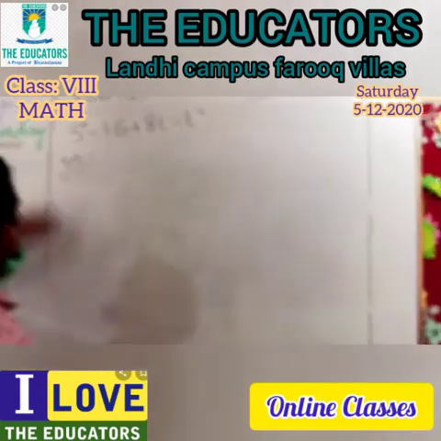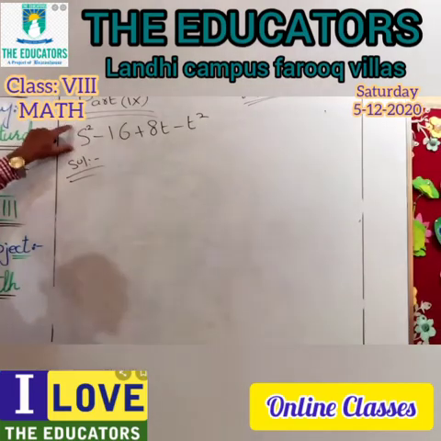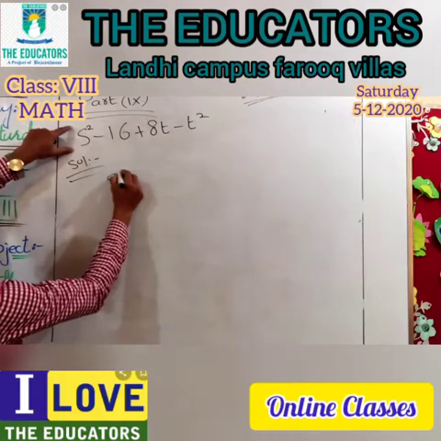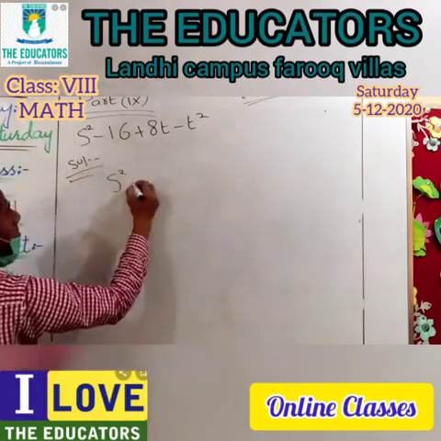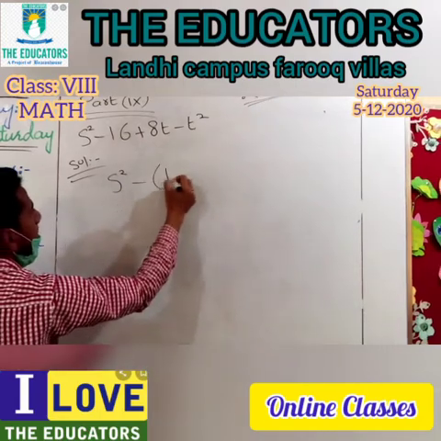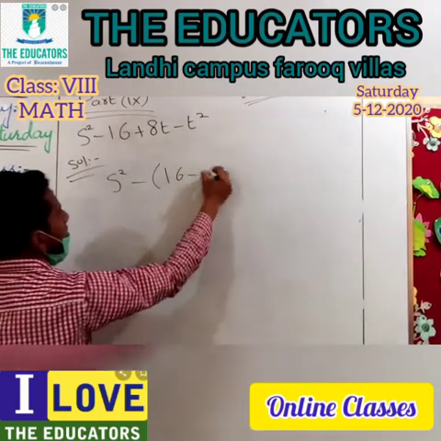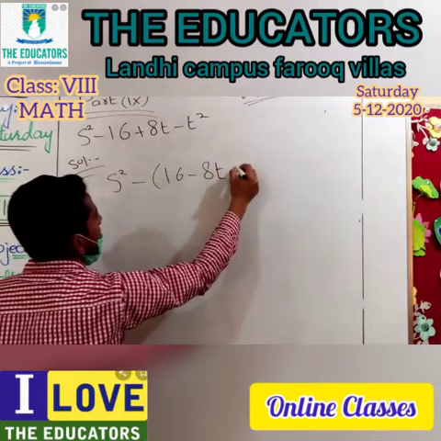Now here again we have to separate the odd one out. It's already separated, so I'm writing s square as it is. Now I am taking minus common from these three terms, so that will be plus 16 minus 8t and plus t square.